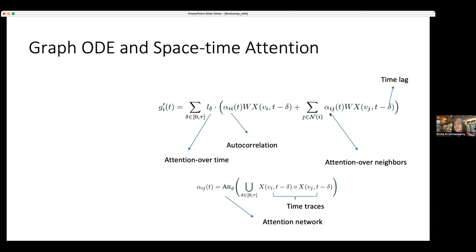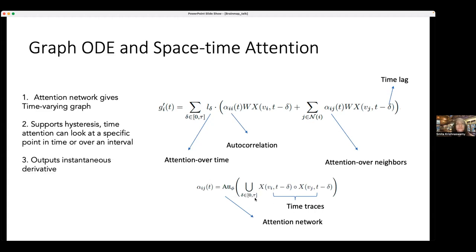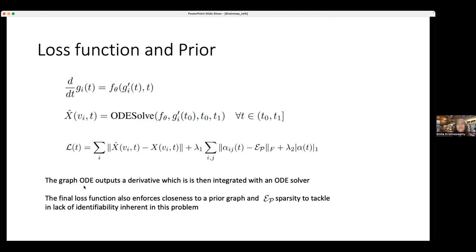And the way that the hysteresis is supported is that these kinds of attention coefficients themselves are looking at time traces of information. So the attention basically designed in this way gives you a time varying graph or network. It supports looking over intervals of time, like letting one signal accumulate. So it can model, for example, a firing system where you integrate and fire. And then it outputs an instantaneous derivative to predict the dynamic.